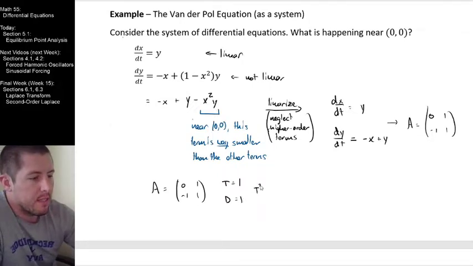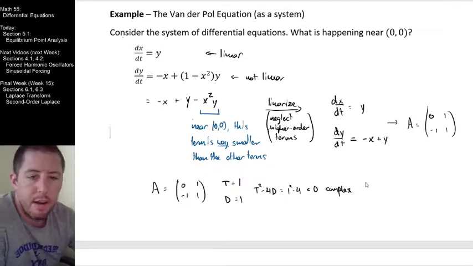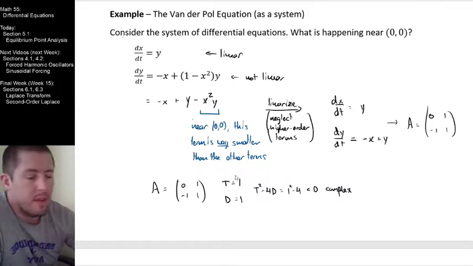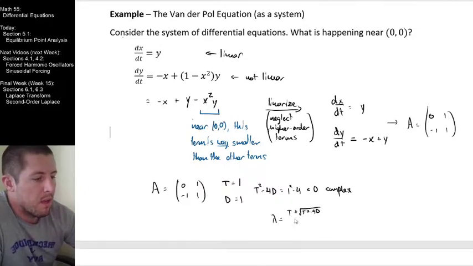And so I'm going to get t squared minus 4d is going to be equal to 1 squared minus 4, which is less than 0, so we're complex. So I know we're getting a spiral sink, a spiral source, or a center. Based on the fact that my t value is positive, and I know that my lambda looks like t plus or minus the square root of t squared minus 4d all over 2. Since t is positive, I'm thinking that this should be like a spiral source.